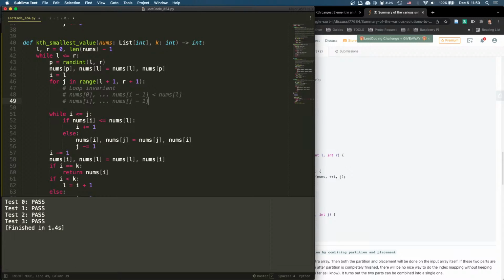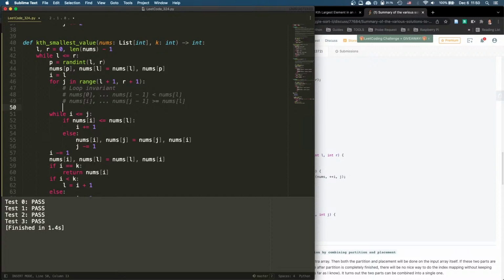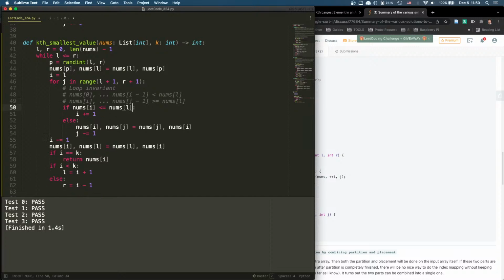Right? If I am smaller than this, I'll move this one here, and then this one. So these will be larger or equal to nums L. That's the loop invariant.